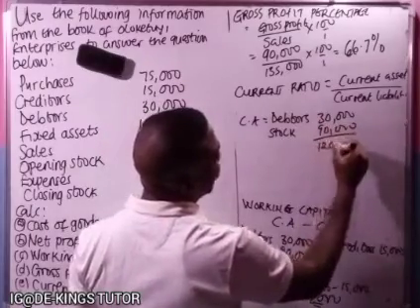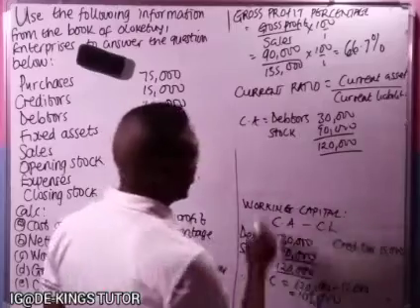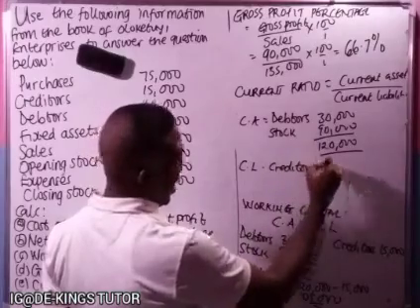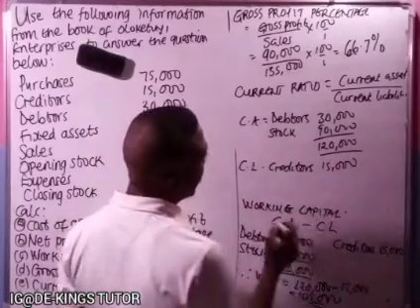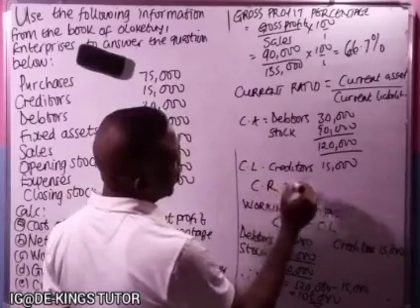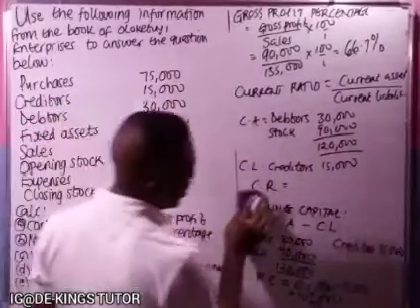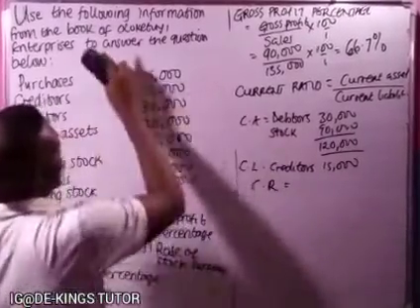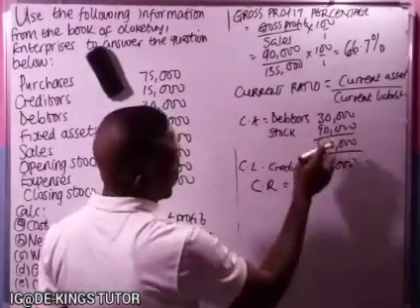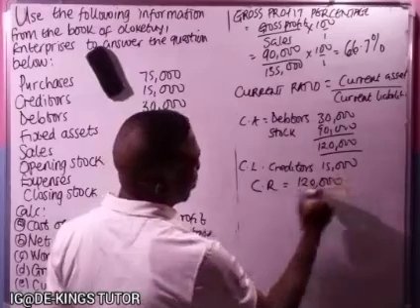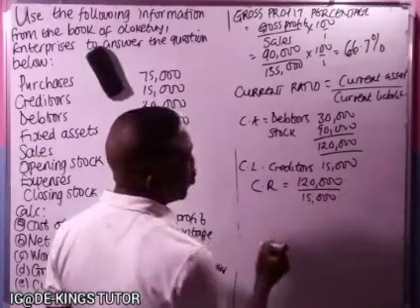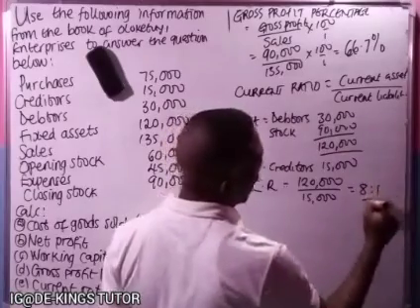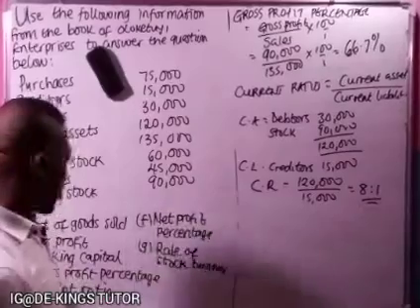That makes up 120,000. While my current liability is just my creditors as 15,000. And therefore, the current ratio is equal to the current assets divided by current liabilities. Now what's the current asset? 120,000 divided by current liabilities 15,000. So 120,000 divided by 15,000, the current ratio will be 8:1. 8:1 is the current ratio.